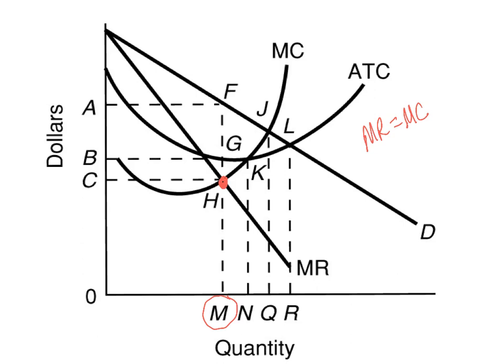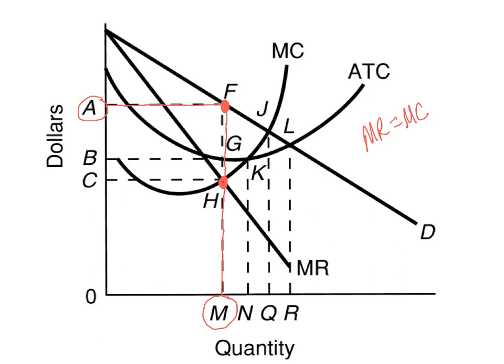Secondly, we need to then understand that at that quantity, what price are we going to be able to charge? And we will be able to charge price A, because at quantity M, when we move to the demand curve, we will notice that price A is the price that the firm is able to charge.